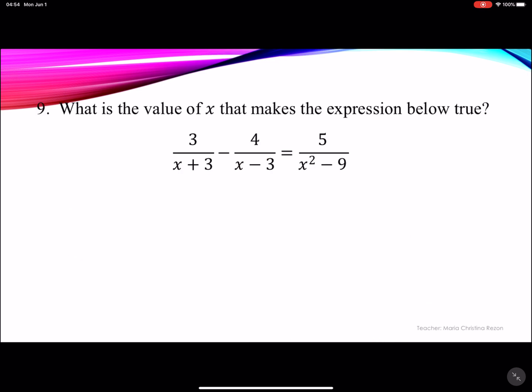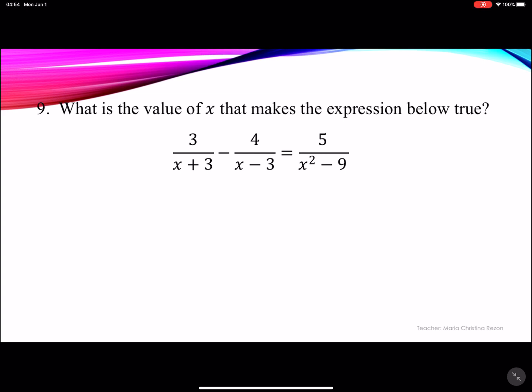Then let's have this. What is the value of x that makes the expression below true? So this is a fraction, and usually you have many ways of solving this, but the easiest way is to get rid of the fraction. So what I will do here is multiply the whole equation by the LCD of these fractions here.